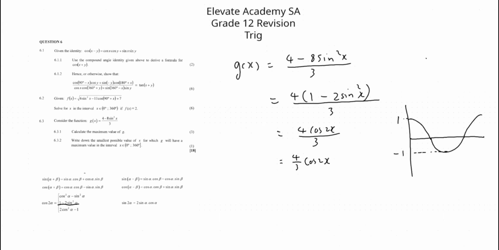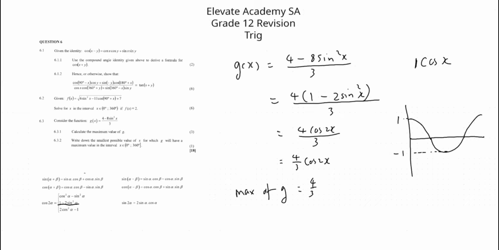If you look at the mother function for cos x, we get the 1 from here, our a value. So when we look at this question, although the 2x is there, that doesn't make a difference. It doesn't affect the maximum and the minimum. In place of 1, we have 4 over 3. So the maximum value of g is equal to 4 over 3.